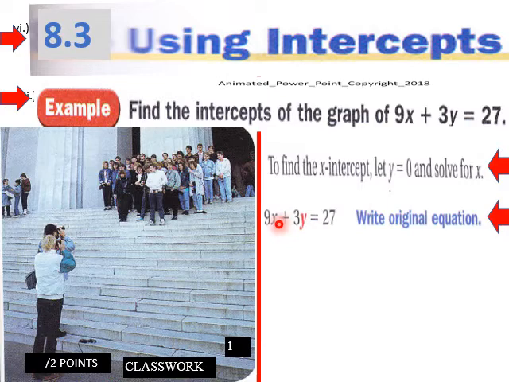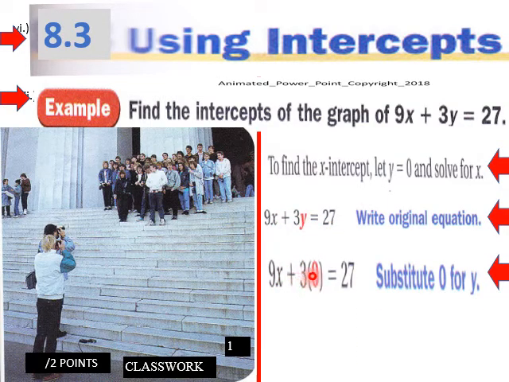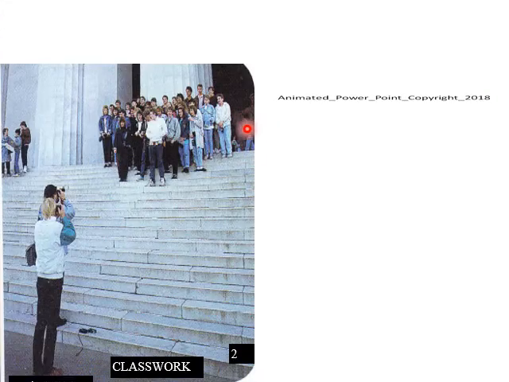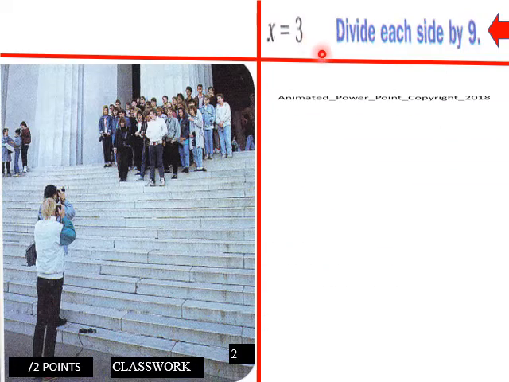So 9x plus 3 times 0 equals 27. Substitute 0 for y, so now we have 9x equals 27. We divide each side by 9 and we get x equals 3.